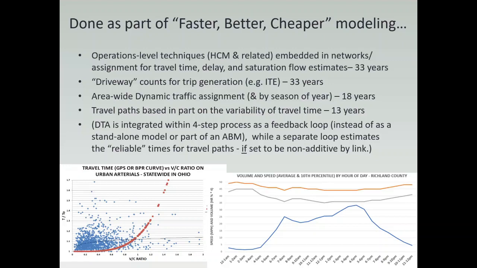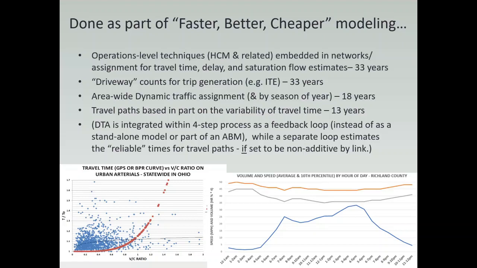And I thought there'd be a couple of graphics here that would help illustrate the point a little bit, particularly if you're in the modeling world, if you're still relying on things like fixed roadway capacities and volume delay curves. Well, the graphic on the lower left there that I put together from all the travel time information I've attached to our statewide model, all across the state of Ohio.